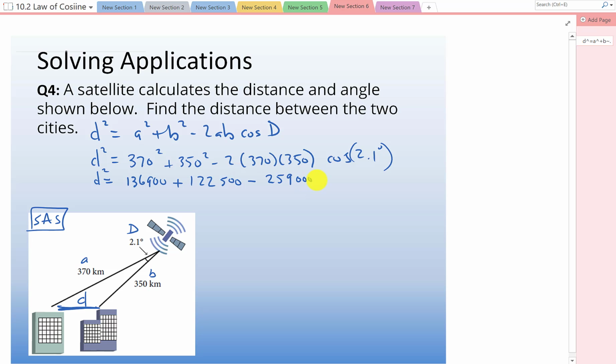But don't forget, it's times the cosine of 2.1. So this is not like terms. I have to multiply this before the adds and subtracts.